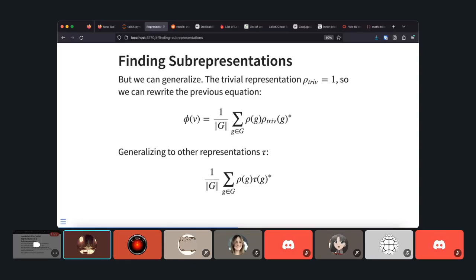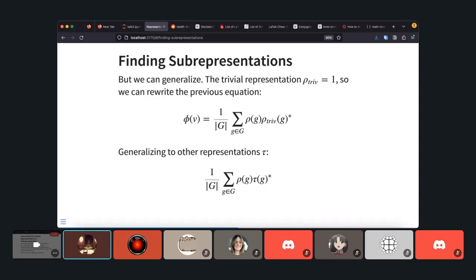But in general, we can take two representations and take this, which is an inner product of functions, almost. It's like a dual function, a map in the dual space, and that's why there's the conjugate transpose in there.